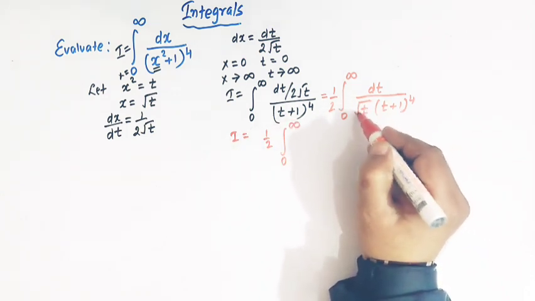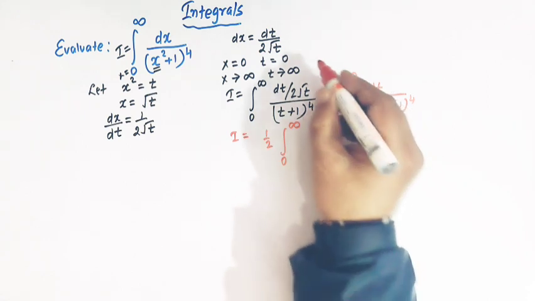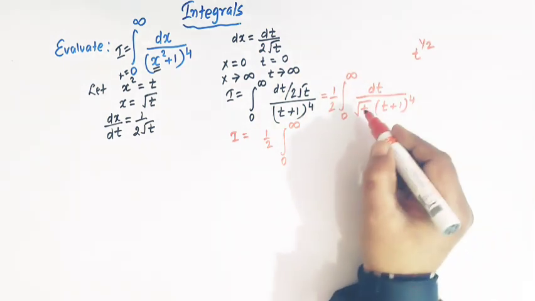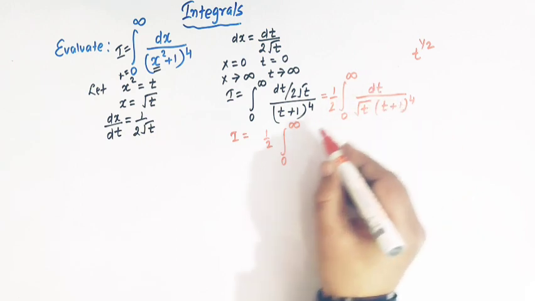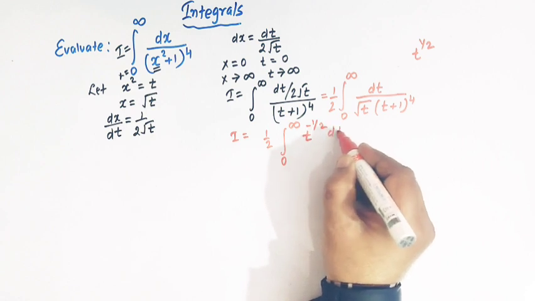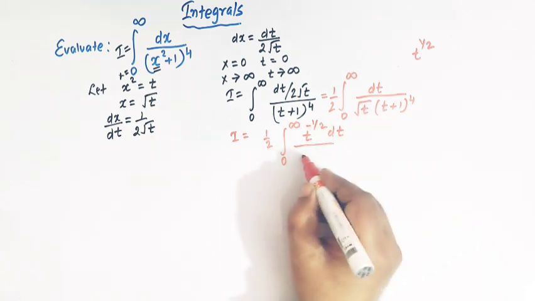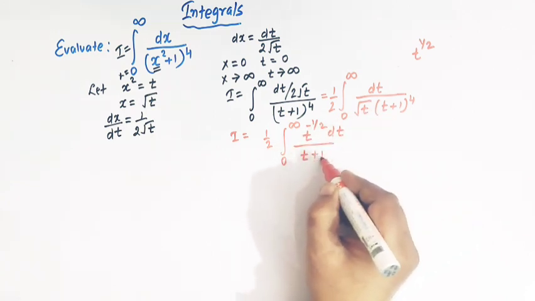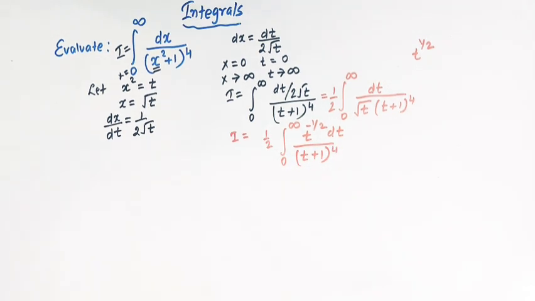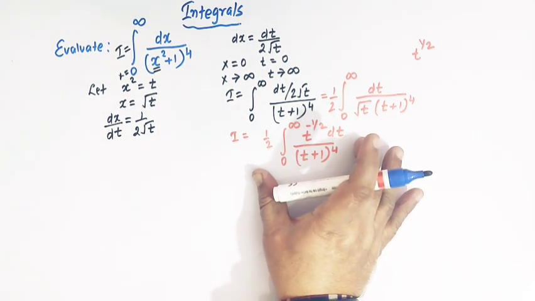Now see here we have square root of t, so we can write square root of t as t raised to half. So taking t raised to half to the numerator, we have t raised to minus half, and in the denominator we can now write (t plus 1) raised to 4. So now we have this integral.